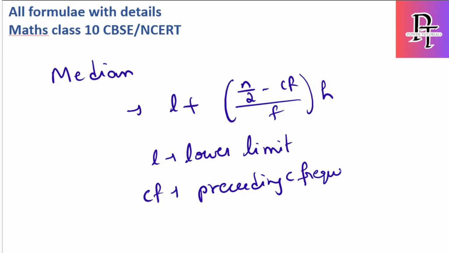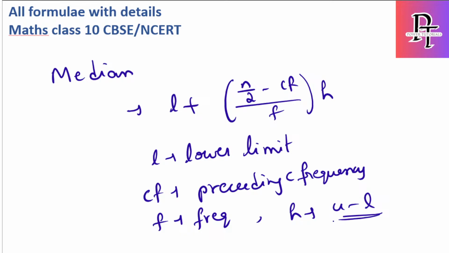Cf means cumulative frequency, which means you have to keep on adding all the values till there. And f is the frequency of the median class, and h is the class length, that is, upper limit minus lower limit is nothing but the h value.